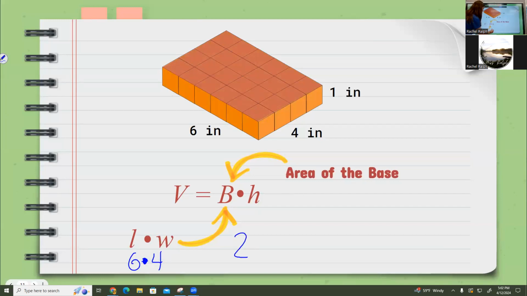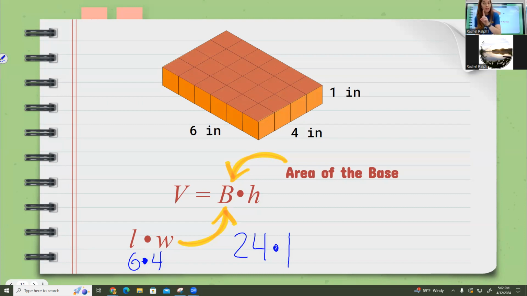We have 24 times our height, which is 1. Basically, we took that first step where we did length times width, and we combined it into what we're going to have as the area of the base. This will be something we can use in all of the different prisms that we use today.